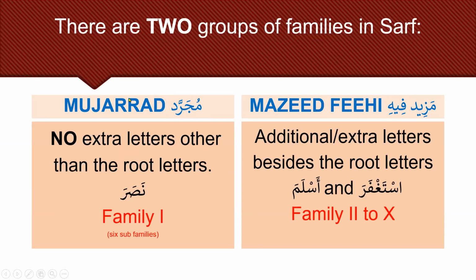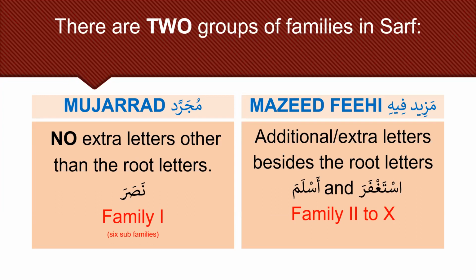Why is it called Mujarrad? Because it means alone. As I mentioned earlier, our family one has no extra letter. So this is called a Mujarrad family, a family with no extra root letter in its words.